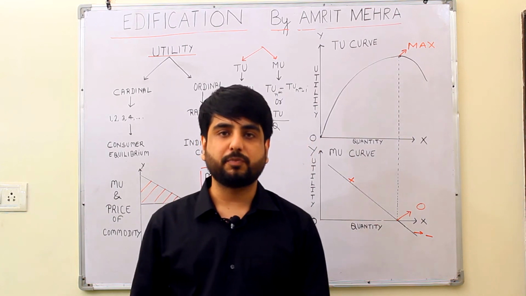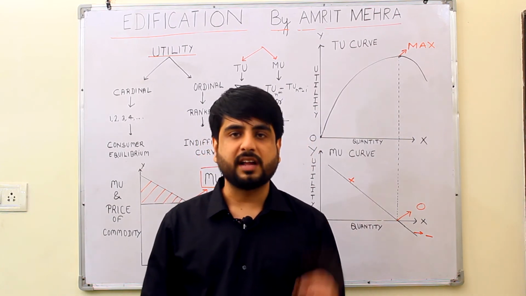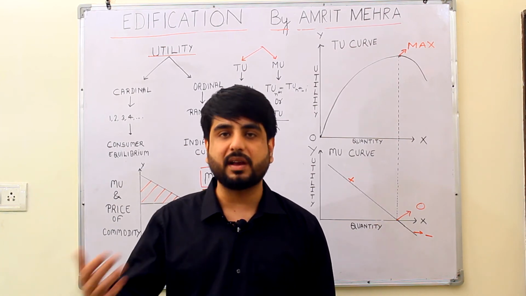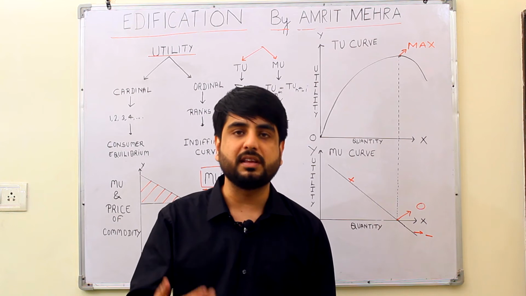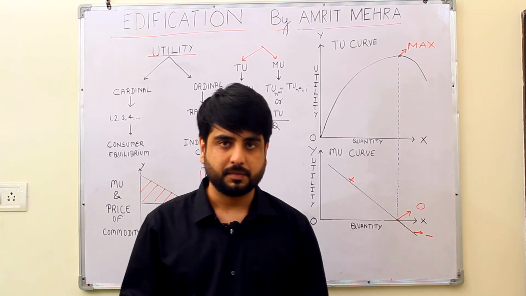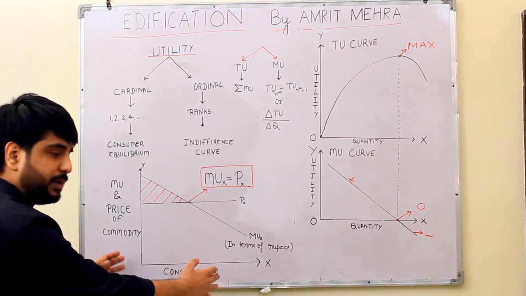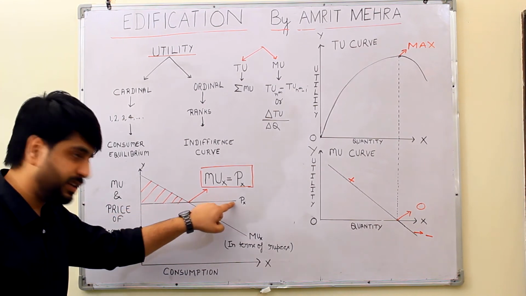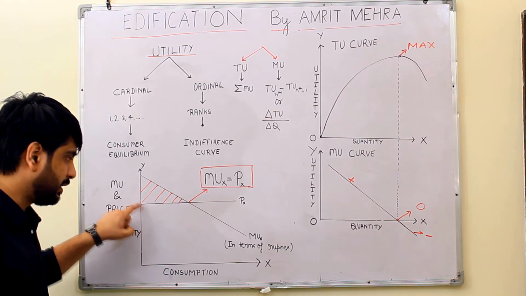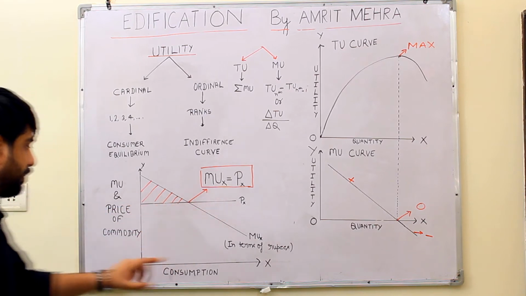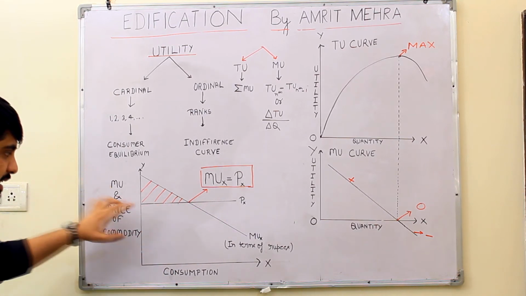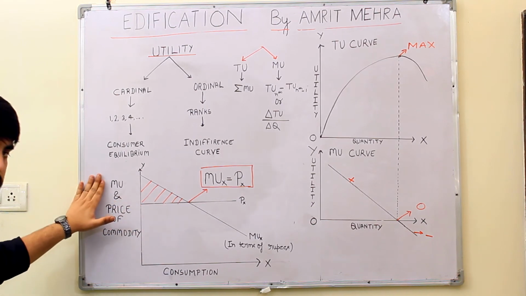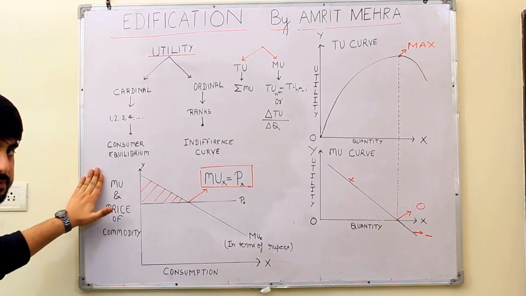Consumer equilibrium aspect states that a consumer is rational. He will always try to maximize his utility for the amount he is spending. The price level is said to be constant. This is again an assumption. The price level of the commodity being expressed on the y-axis is constant, it is not changing. The marginal utility is also written on y.